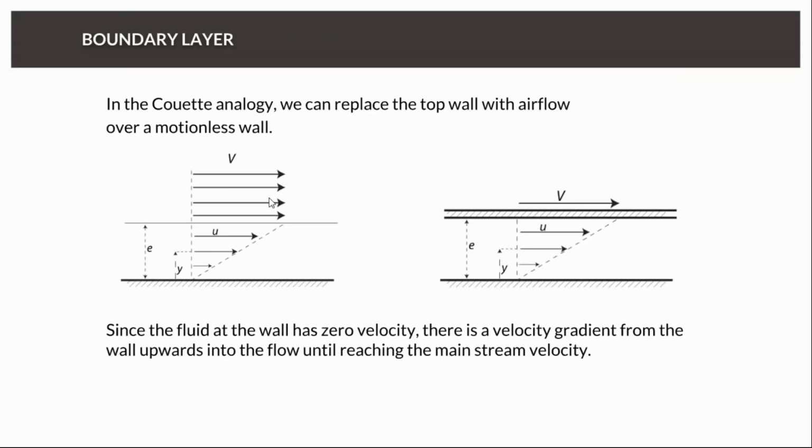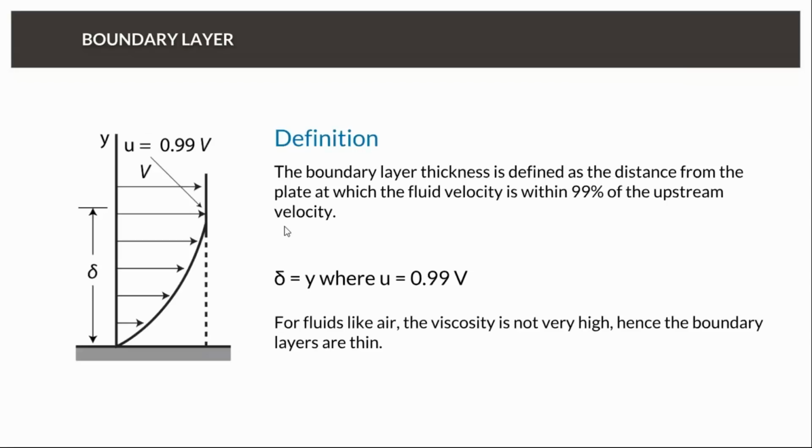We can then define in this way the boundary layer. It tells us the thickness at which we recover the external speed v. Obviously, close to this limit we will be very, very close to v. So by definition, we define the thickness of the boundary layer as the point where the velocity reaches 99% of the external velocity.